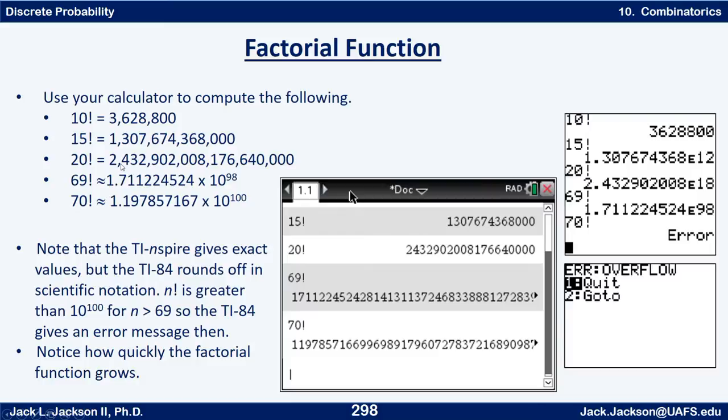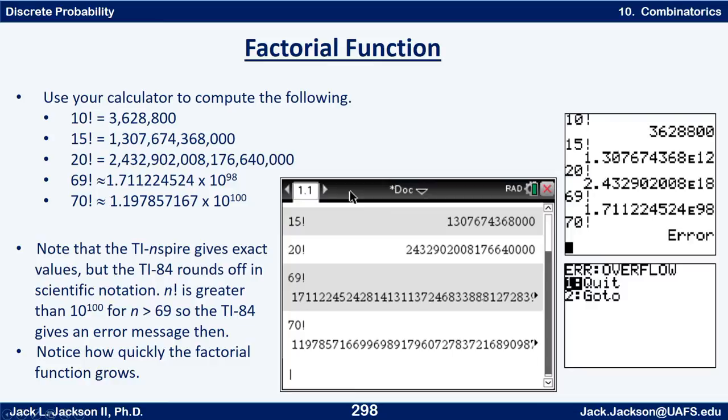It's exactly 2.43290200817664000. So if you can see, it sort of dropped it off at the 8 here, ignored these, so it rounded off there, and then put it in scientific notation. But I got the exact value out of the Inspire.